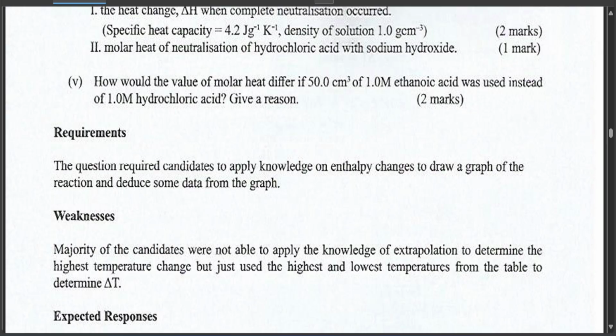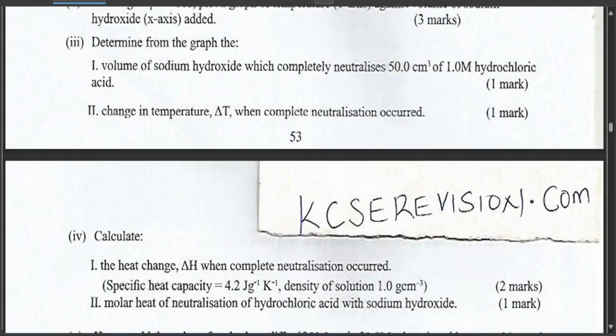The majority of the candidates were not able to apply extrapolation to determine the highest temperature change, but they just used the highest and the lowest temperatures from the table, which you're supposed not to do.